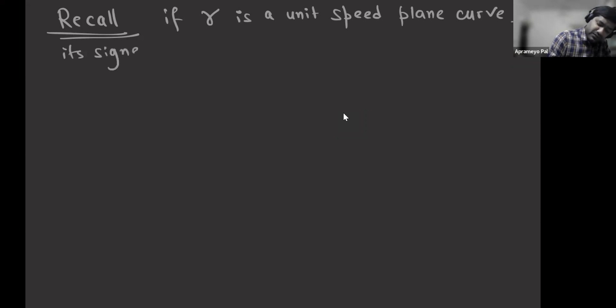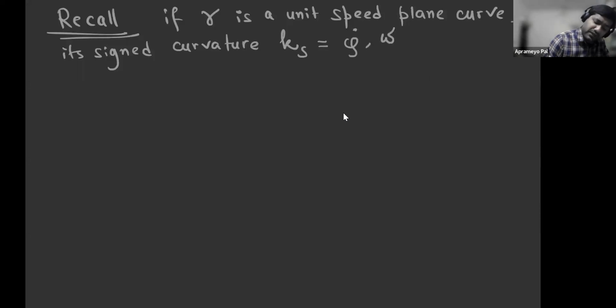So again, let me try to motivate you through the curve case. Let's recall for a curve, let's say gamma is a unit speed plane curve, then we have defined its signed curvature kappa s, and we have shown that this kappa s could also be obtained as phi dot.